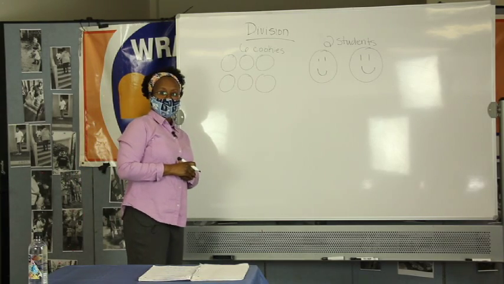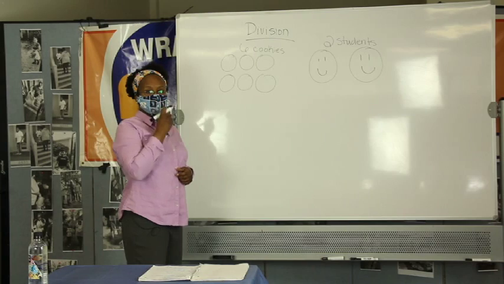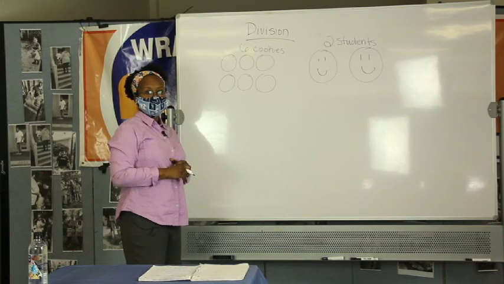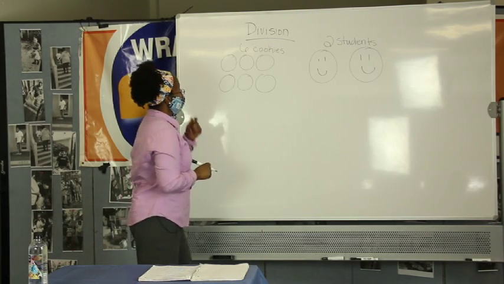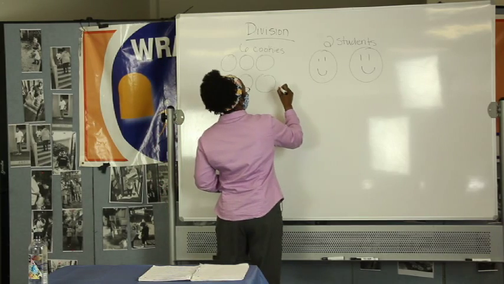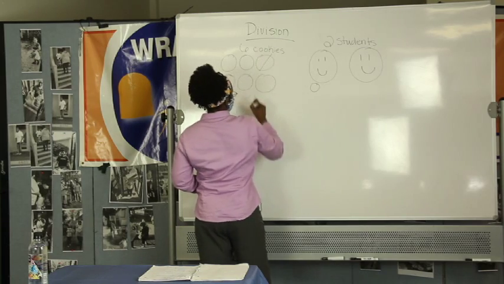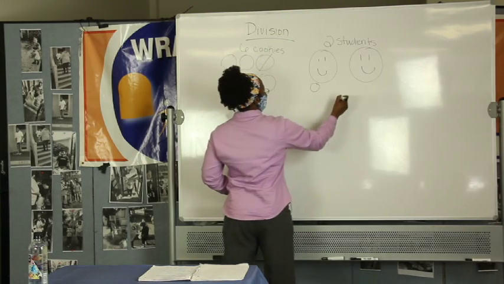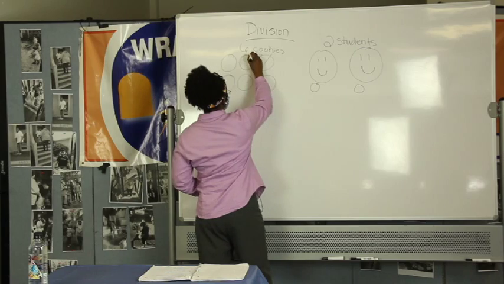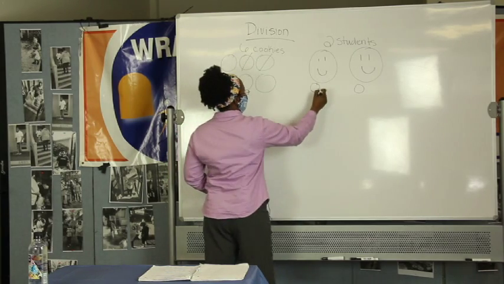So when you first start out with division, you may do it as a picture and mark things off as you go. I'm going to show you what I mean. For each student, you're going to give them a cookie and mark it off from this side when you do. So give that student a cookie. Keep going.